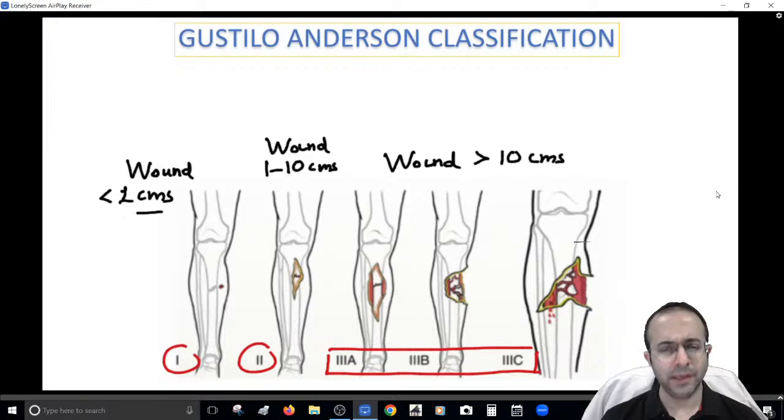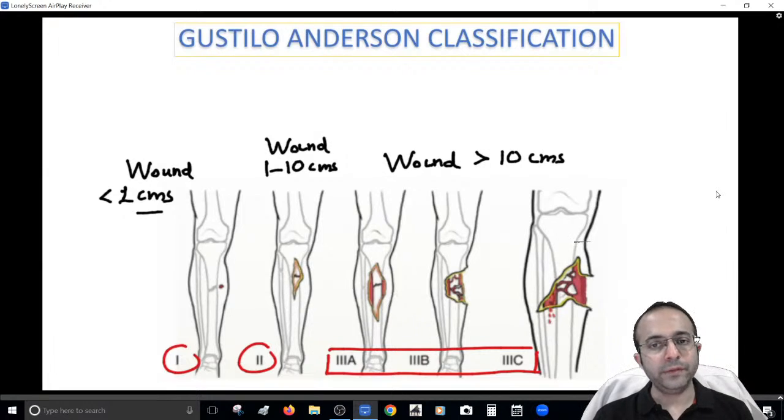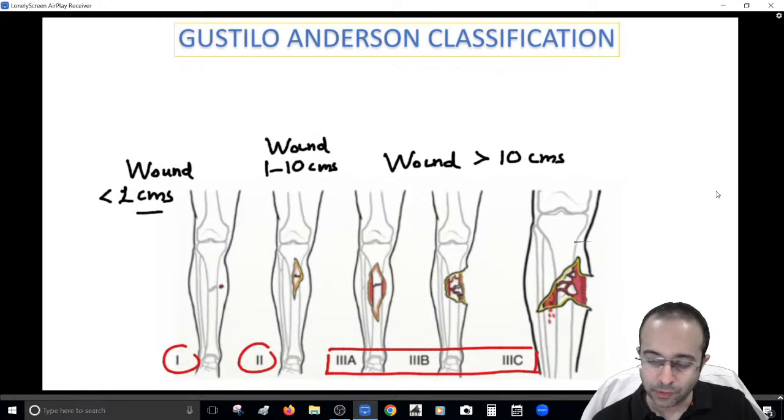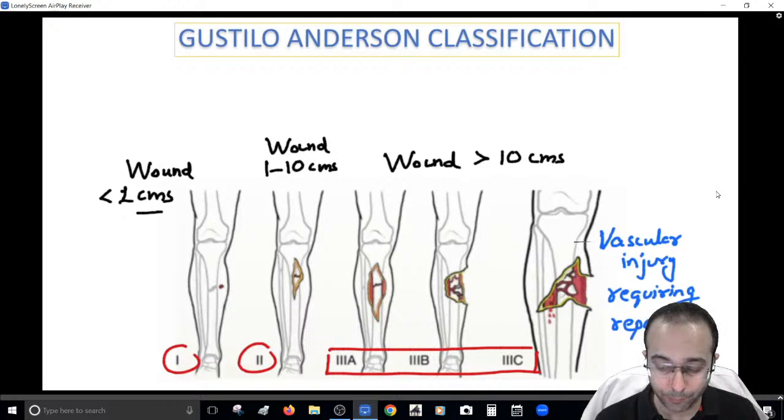So this is the simple way by which you would be grading into grade 1, grade 2 and grade 3. Now this grade 3 further gets categorized into 3A, 3B and 3C. How? 3C, as Harshil has very well mentioned, is where additionally there would be a vascular injury apart from a fracture, but very important, a vascular injury requiring a repair.